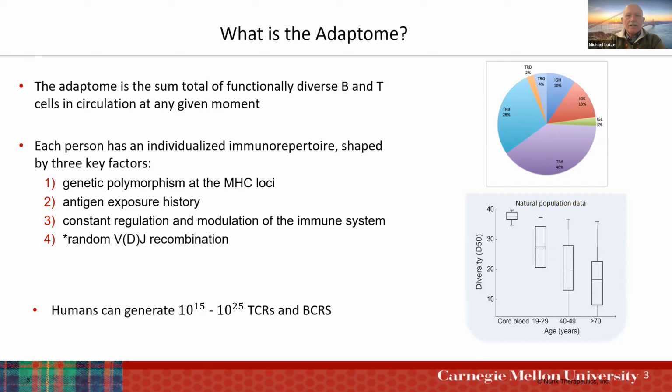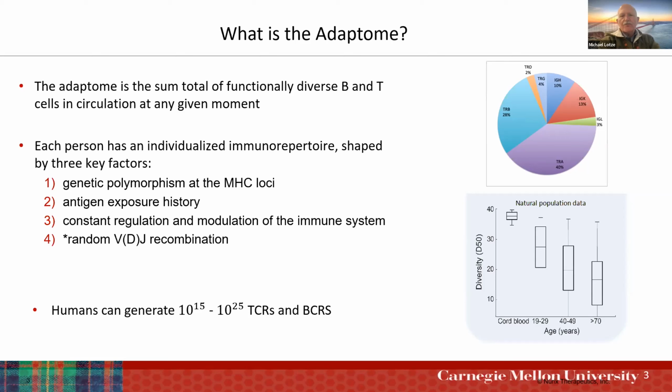That's class 1 and class 2 molecules. It's something you may be familiar with. The individual antigenic exposure history, as well as exposure of an individual's mother, actually. And then the constant fine-tuning and regulation that occurs of the immune system.